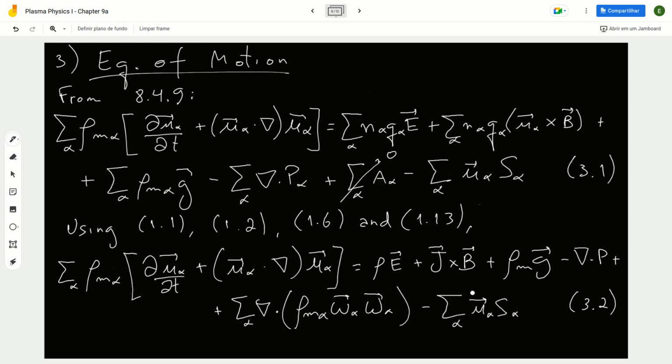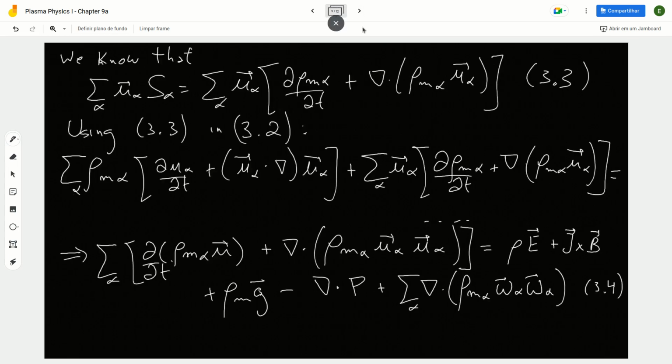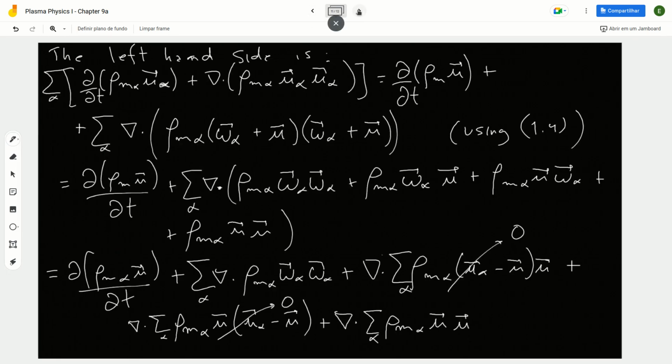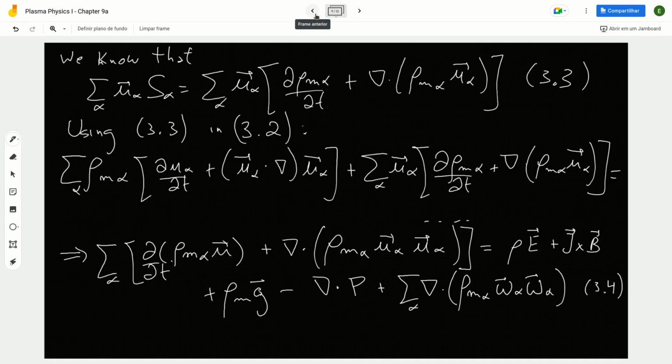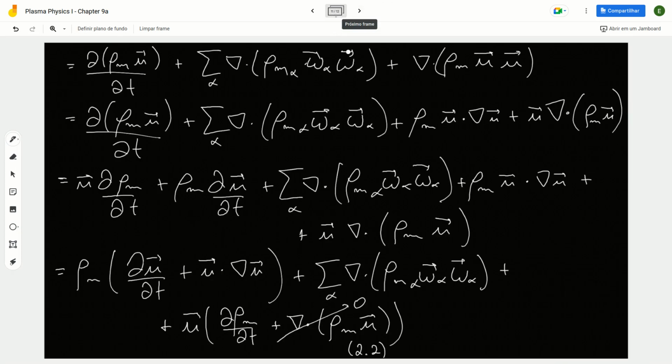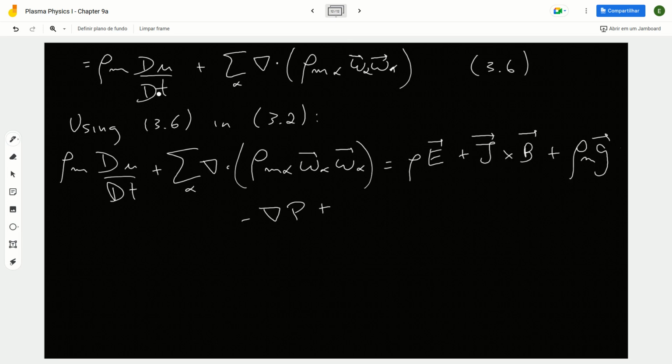Because I had switched this to the left side. Actually, it's not 3.2, 3.4 is the best one, right? I'm working with this one, it's 3.4. Yep, and the final term is this. So 3.4, not 3.2.